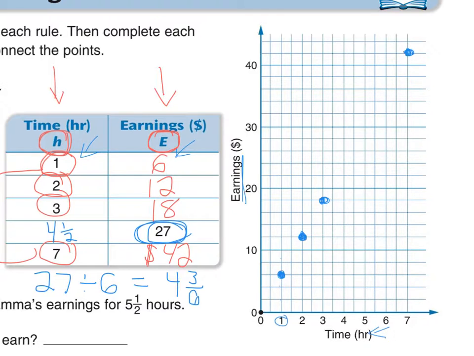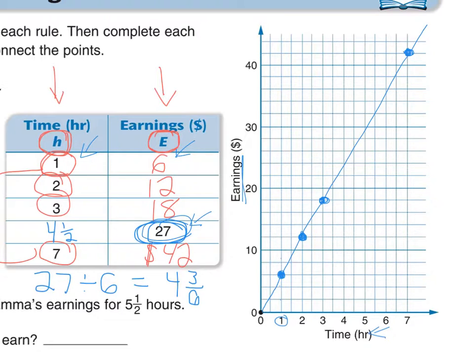Since I am on the iPad, it is a little tricky to draw a straight line, but I'm going to do my best to connect these points. That's not too bad. And what I want you to see is that if I didn't know where this 27 would end up, if working backwards was too tough, one thing I could do is use the points I have to make the graph and then see where 27 would fall.